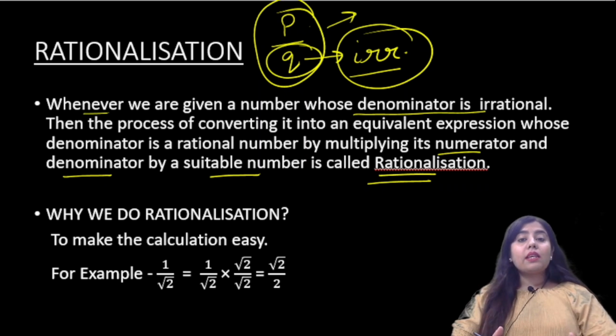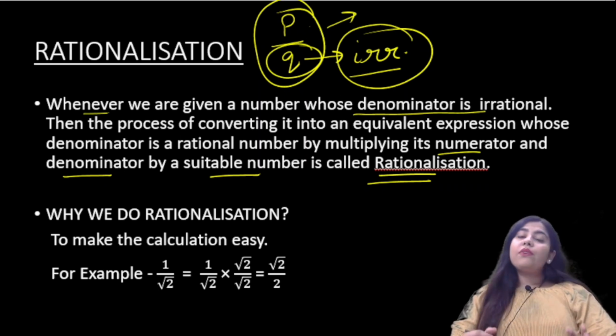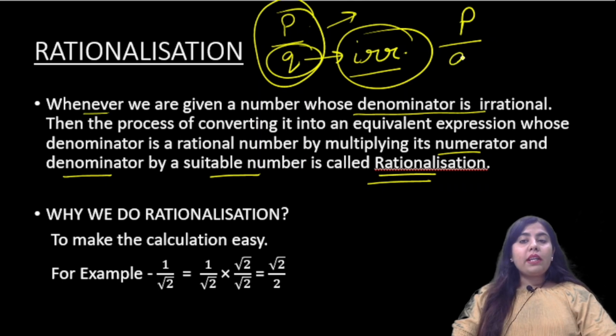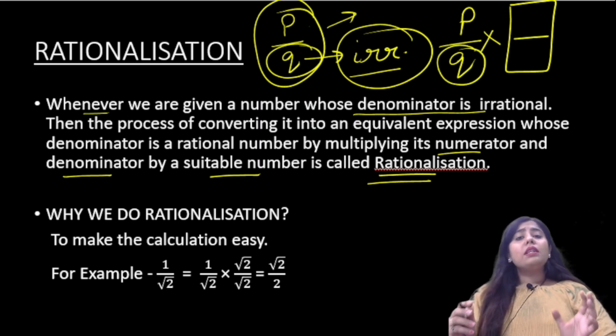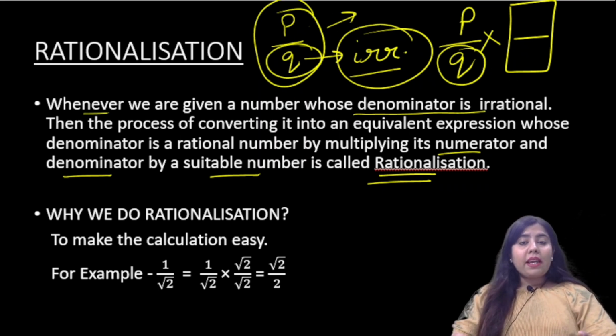Now the next thing is, how can we do this? We can simply do this by multiplying the numerator and denominator by any suitable number which can convert this q into a rational number. The thing that we have to keep in mind is that the number by which we are multiplying the numerator and denominator is the same.